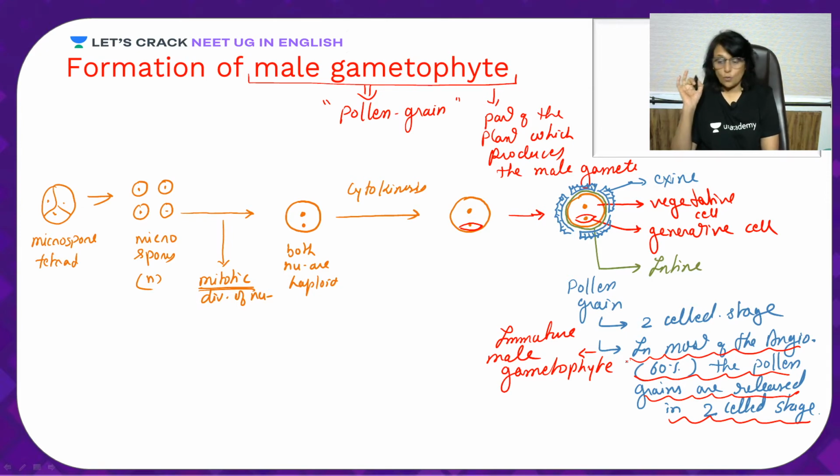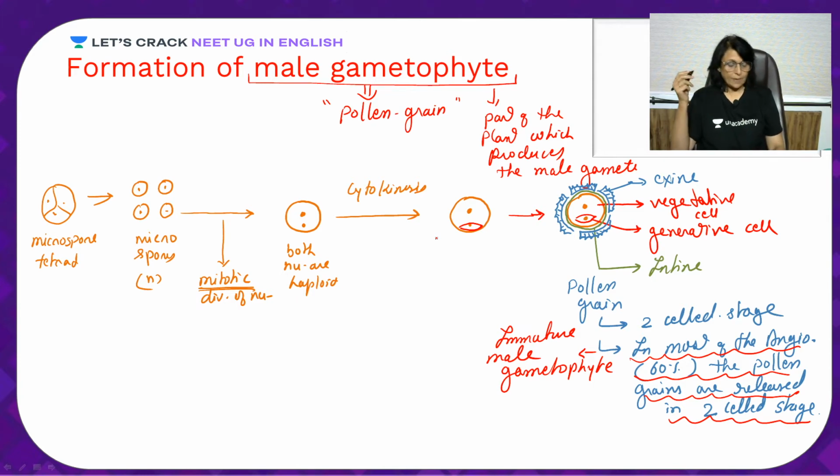Clear so far? What exactly has happened? The microspore tetrad now separates, and there are 4 microspores now. What was that reason which helped in separation? An enzyme callase secreted by tapetum. Each microspore undergoes karyokinesis, mitotic karyokinesis, and then cytokinesis, resulting in formation of two cells, one larger, one smaller cell.